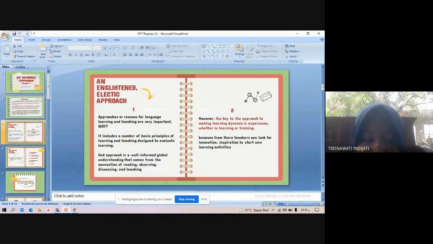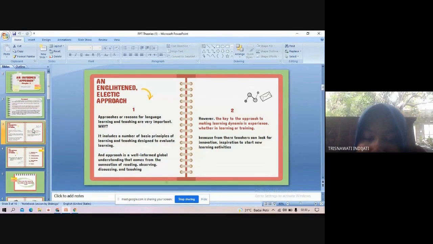Tapi kuncinya untuk membuat pembelajaran yang dinamis itu pengalaman itu sendiri, karena dari situ guru bisa mencari inovasi, inspirasi untuk memulai kegiatan pembelajaran yang baru. So the more experience, the better the learning rate.